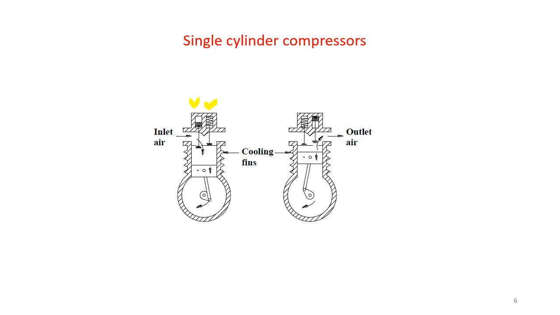As it is rotating completely, this connecting rod will travel through a path. This is the slider crank mechanism which you already studied. Whenever the inlet valve is closed, the outlet valve is open, and whenever the inlet valve is open, the outlet valve is closed.